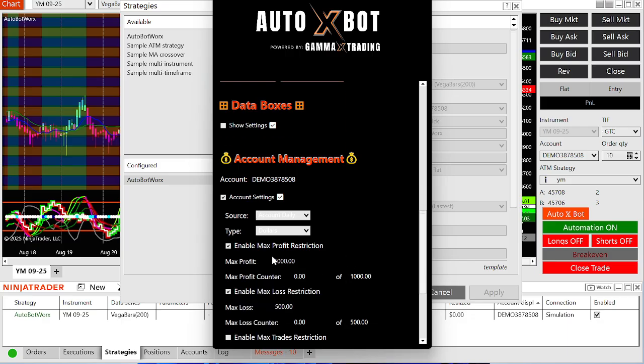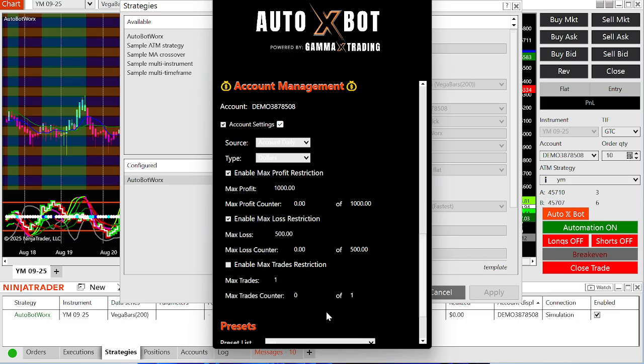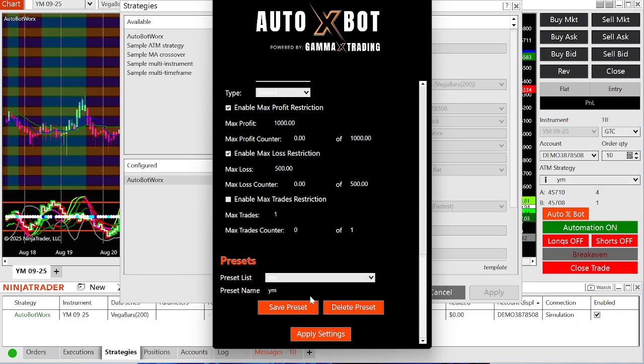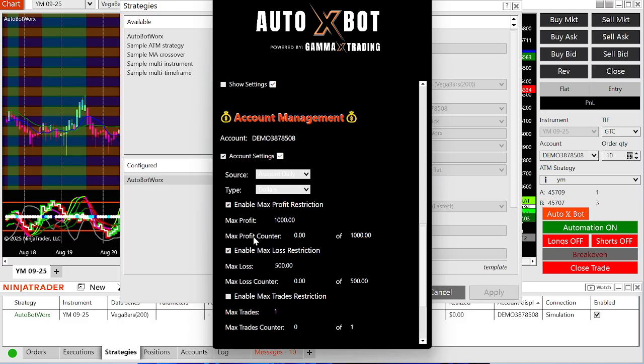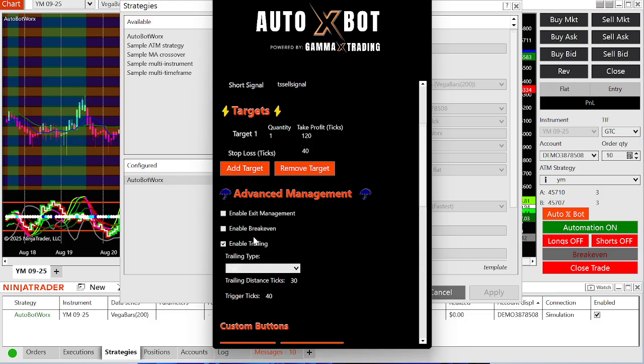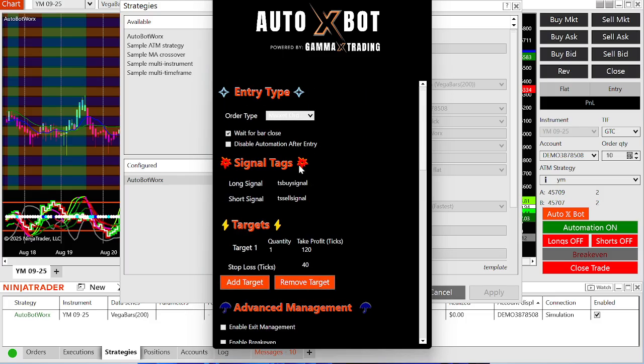And then I have my max profit per day at $1,000 and my max loss per day at $500. So that is all the settings for the bot, and they stay the same. Nothing changes on the bot through all the testing.